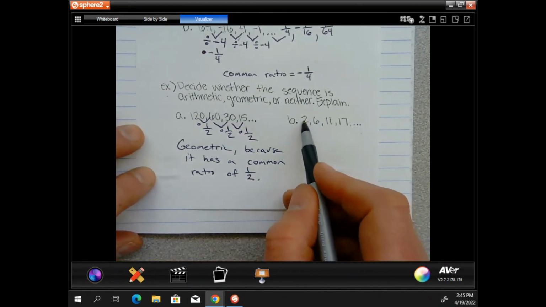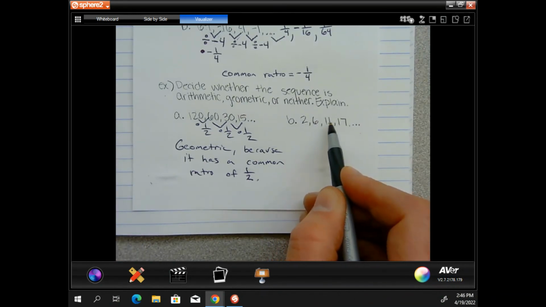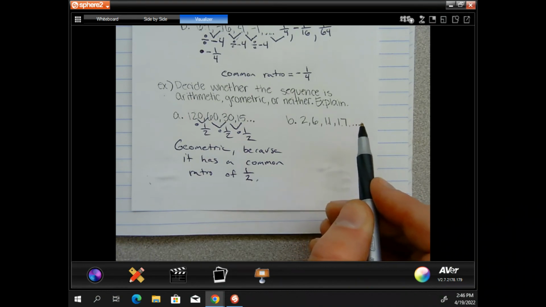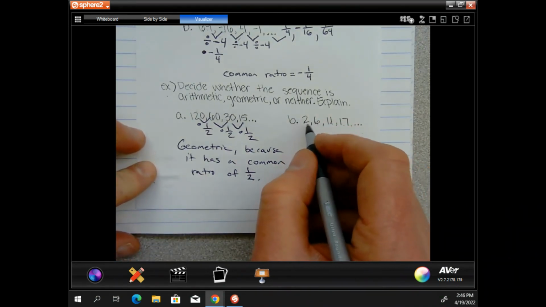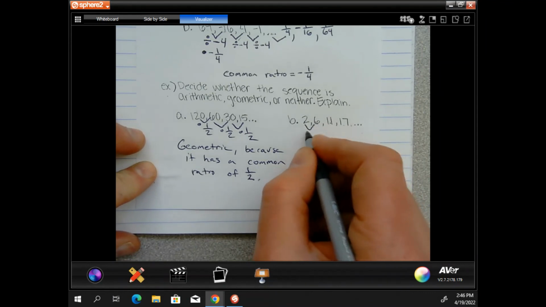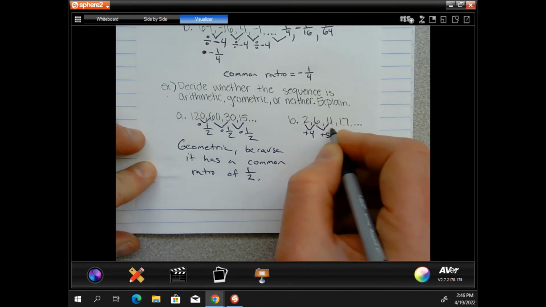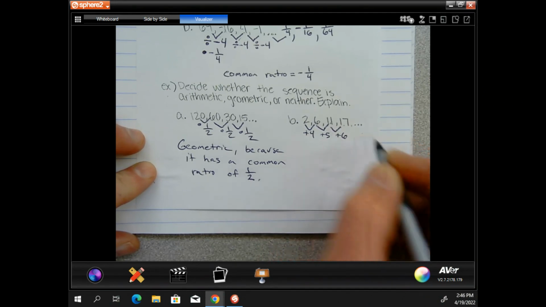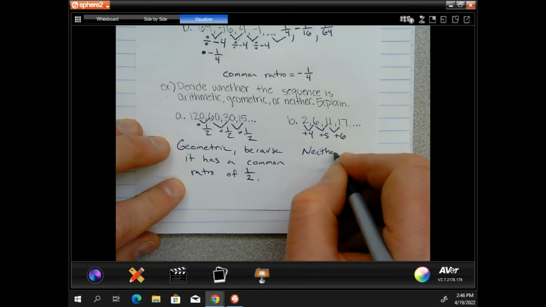In our next example, we can see we went from 2 to 6, from 6 to 11, from 11 to 17. So it doesn't look like we're multiplying or dividing by the same number. Looks like we are adding 4, we add 5, and we added 6. So this answer would be neither.